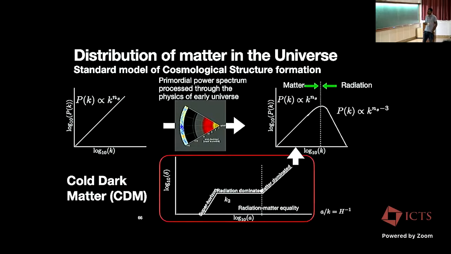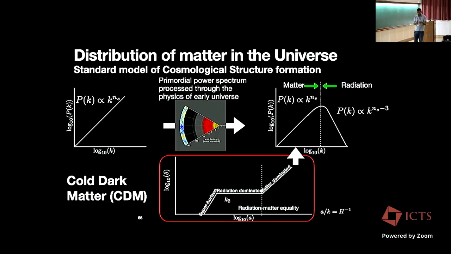And so the first thing is, if you consider the cold dark matter scenario, and you have the initial power spectrum, which is k to the ns, then different scales are going to transition to different regimes of the universe at different times, at a different scale factor, because of the size, right?